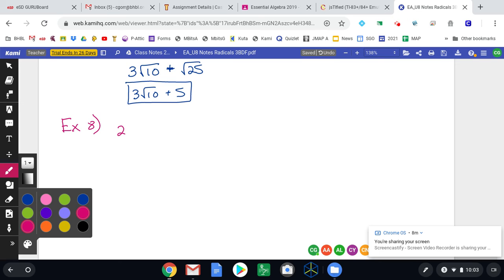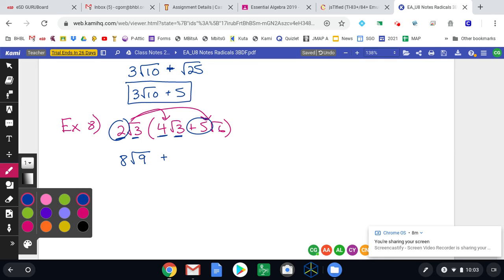All right, let's try another one. Let's say we have 2 radical 3 times 4 radical 3 plus 5 radical 6. Okay, so I'm going to distribute again. So 2 times 4 is going to give me 8. 3 times 3 is going to give me radical 9. Now again, outside and outside. So 2 times 5 is going to give me 10.